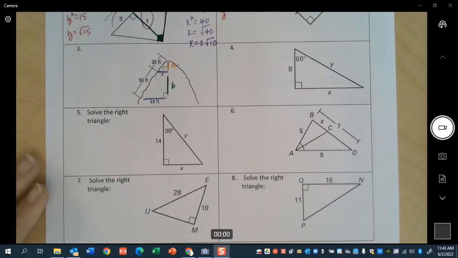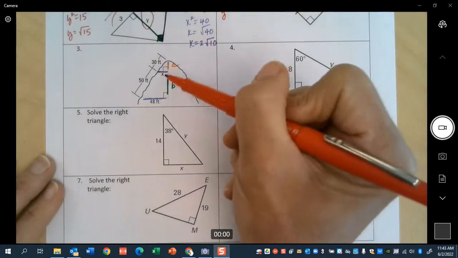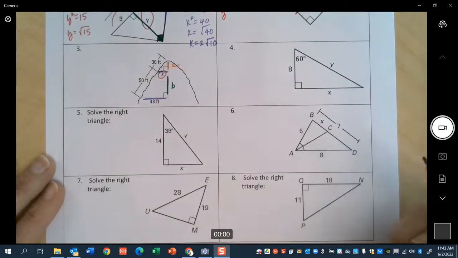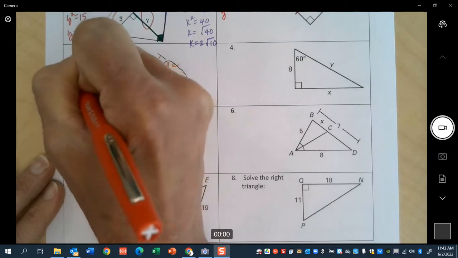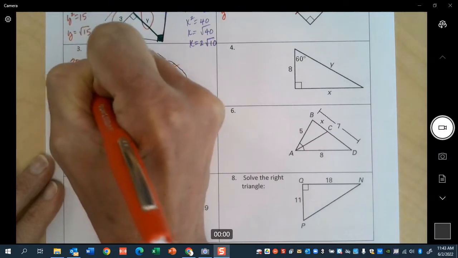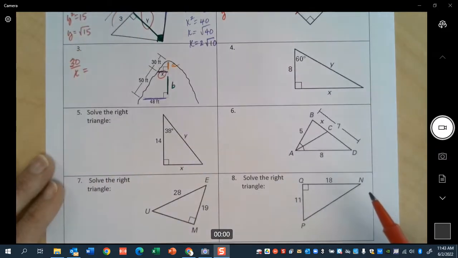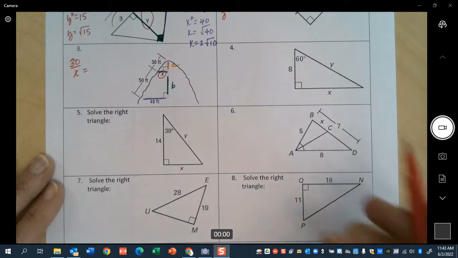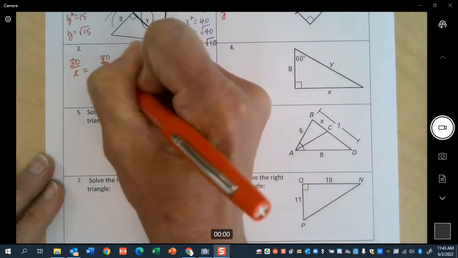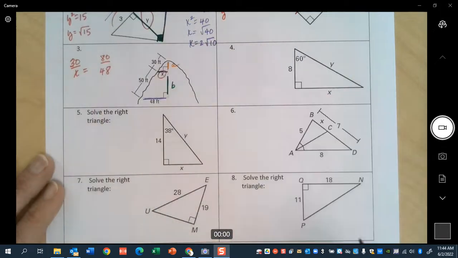This problem set up is talking about solving for this x. So 30 and x have a relationship that's mirrored by 80 and 48.